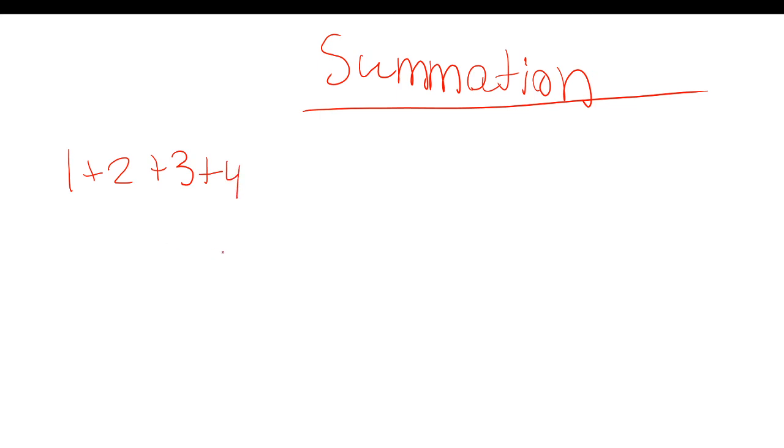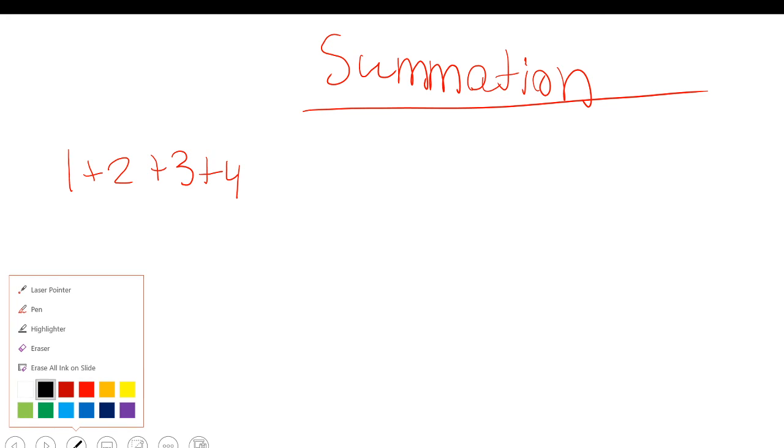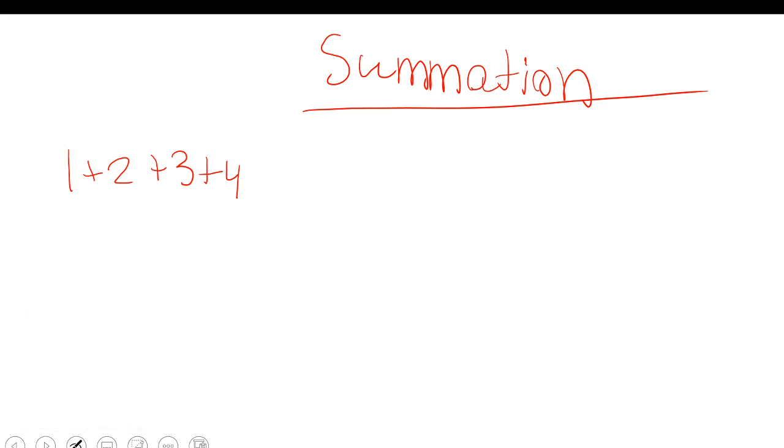Now we can also express summations using sigma notation, right? So essentially we can set n to 1, and this is how we usually write any summation. We want to go up to like 4. So this is another way you can write summations, but you won't really be using sigma notation during MATHCOUNTS. You don't really need it until you reach like AMC 10, 12, etc. So 1 plus 2 plus 3 plus 4.